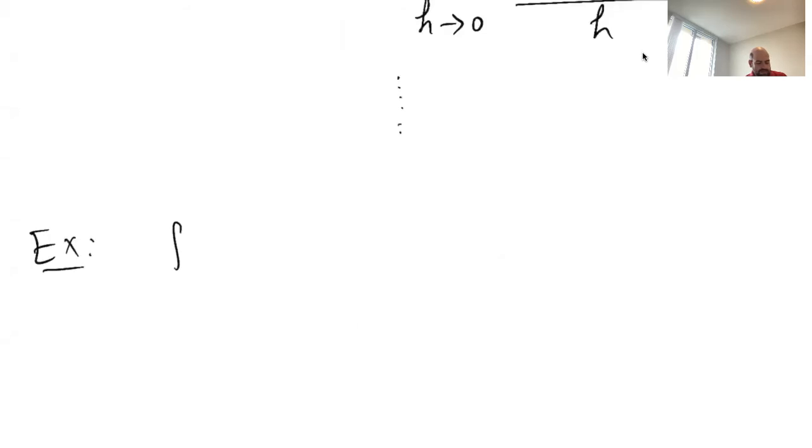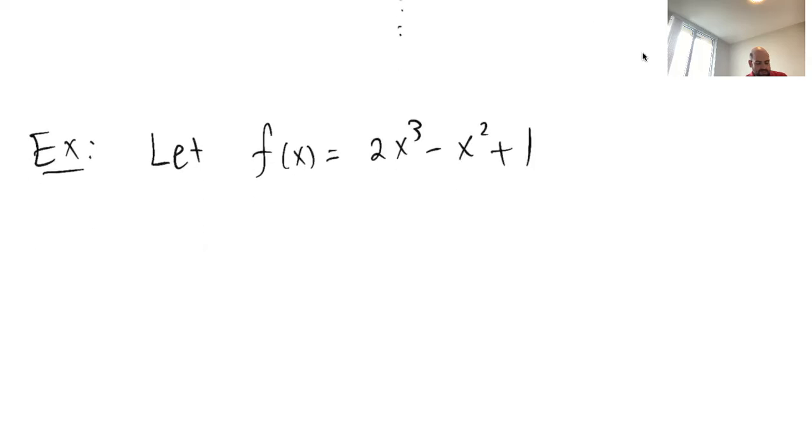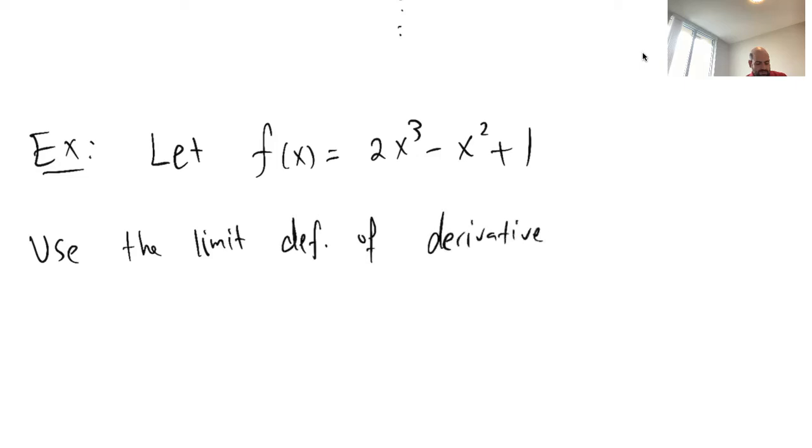Let's say f of x equals, for example, 2x cubed minus x squared plus 1, and use the limit definition of derivatives to evaluate, let's say, f double prime of 4.